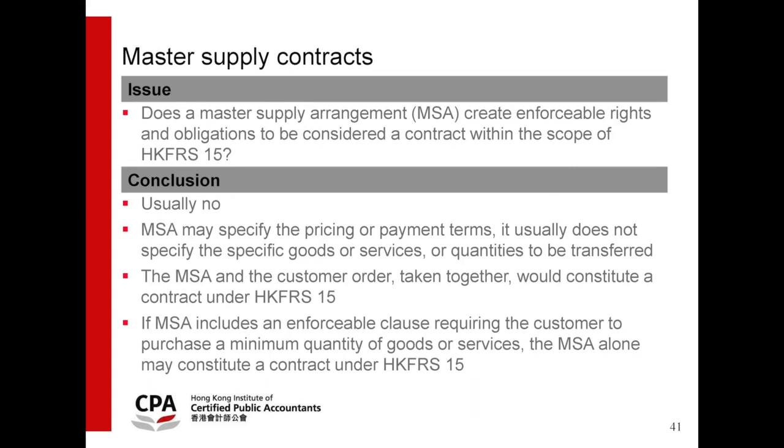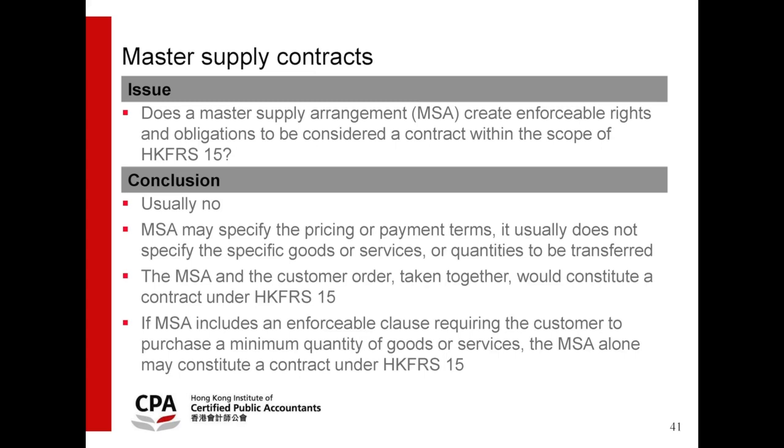Lastly, master supply contracts. Are master supply contracts a contract within the scope of HKFRS 15? Usually they won't be, because usually on your master supply contracts, you would only specify the pricing and the payment terms, and it would not include the number of goods or services that are being sold to the customer.